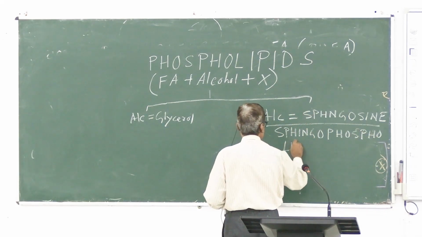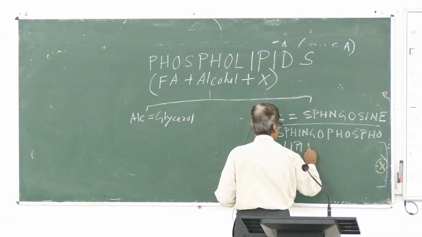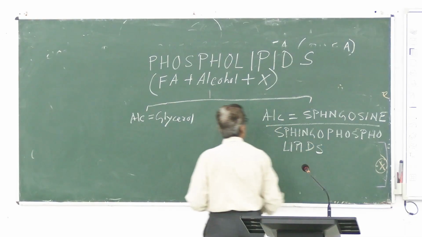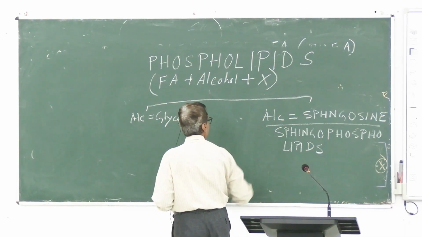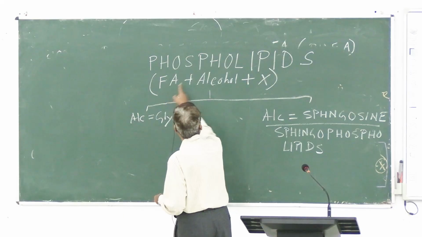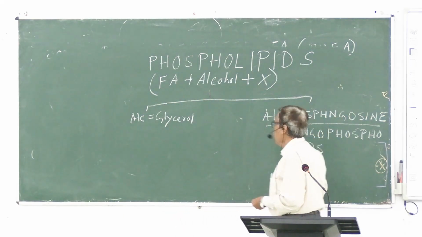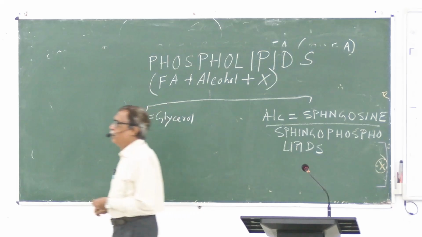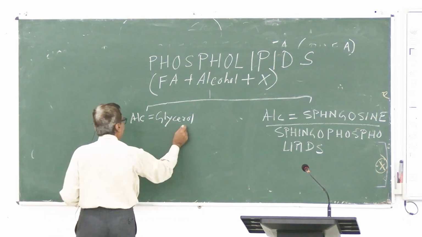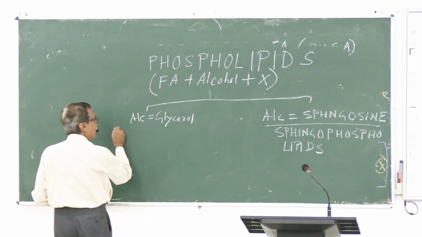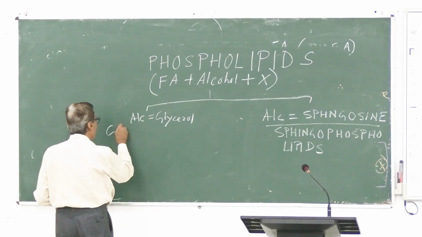When alcohol is sphingosine, that means fatty acid plus sphingosine plus phosphoric acid is equal to sphingophospholipid.